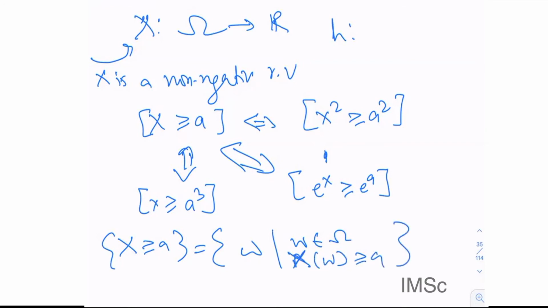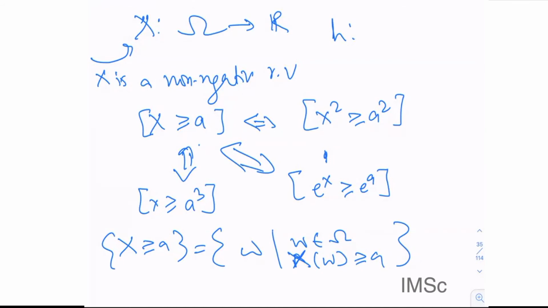So this is a set in omega. Now I'm claiming to you that X is greater than or equal to a if and only if X square is greater than or equal to a square. So I'm trying to understand. Hello? Oh, so you try to confuse us? No, no.